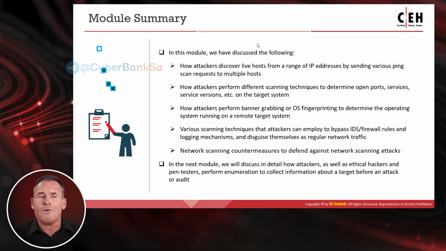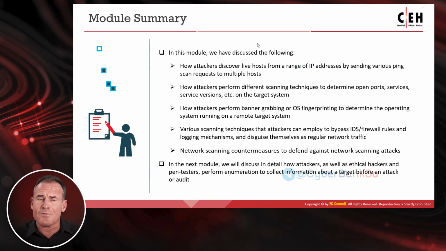So for now, we've talked about host discovery, ports, service discovery, OS fingerprinting, and anonymizing, covering tracks to a degree, which actually comes up as the last stage of the hacking cycle, at least being evasive. And we've laid some groundwork for our evading IDS, firewalls and honeypots module.